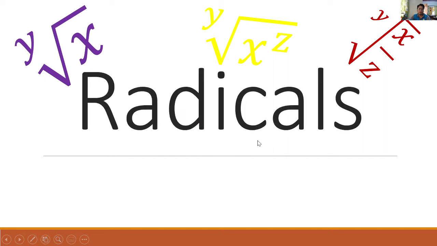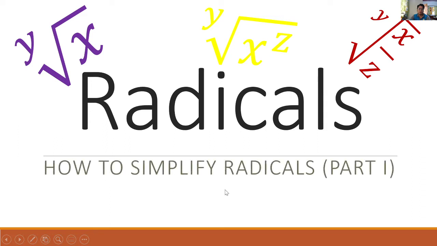So as I have told you last time that we had our discussion, we have the rational exponent converted into radicals and vice versa. This time, we will be focusing more on radicals, and not only radicals, but how to simplify radicals. If you notice, this is part 1. Simplifying radicals was divided into two parts para hindi tayo ma-overwhelmed, hindi tayo magkaroon ng information overload. So this will be the first part.